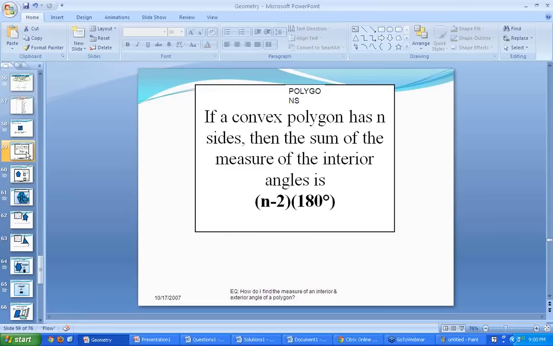Okay, so one more question. Can you get me the sum of the interior angles of a hendecagon? I hope you remember hendecagon has 11 sides. Ankit, no, not correct. Get me the number.